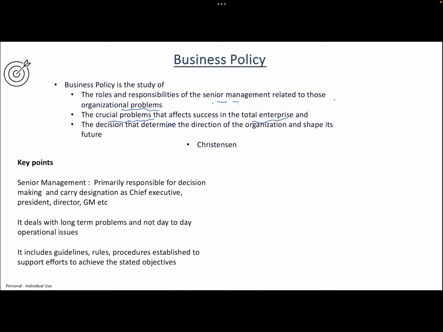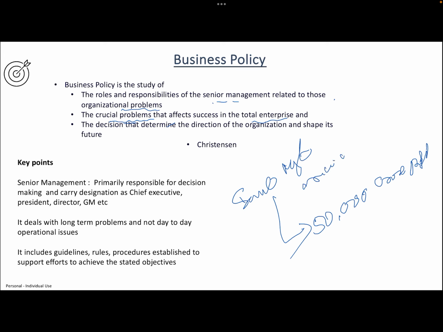If a company's aim is to earn 50,000 crore profit, senior management should look into the aspects which will affect achieving this goal. They should not worry about small day-to-day operations. They should focus on the crucial problems that affect achieving the company's common goal.